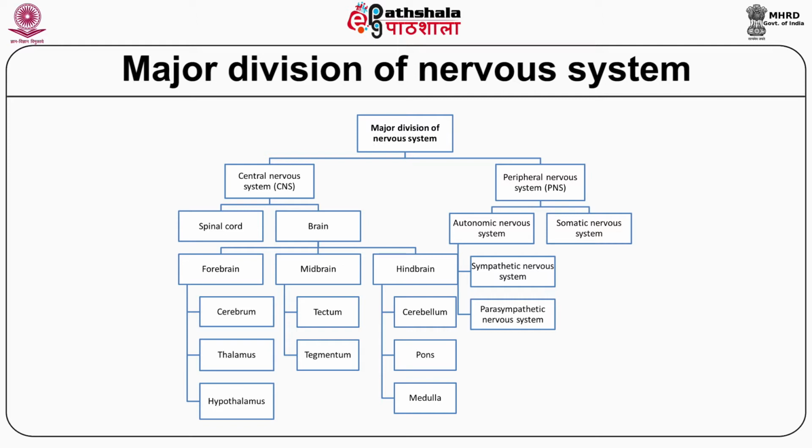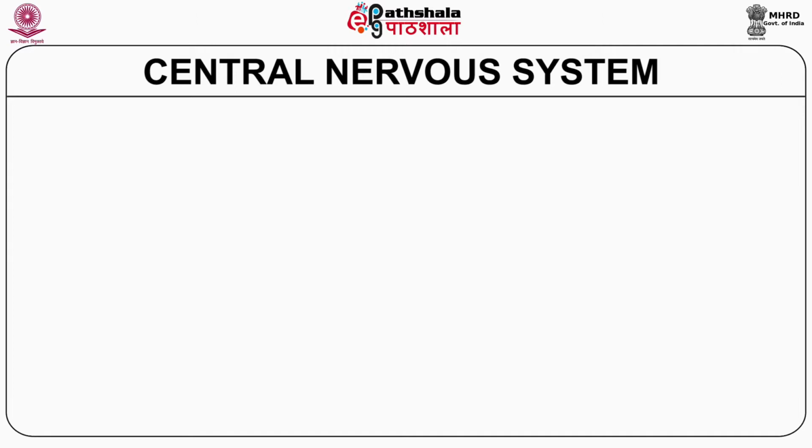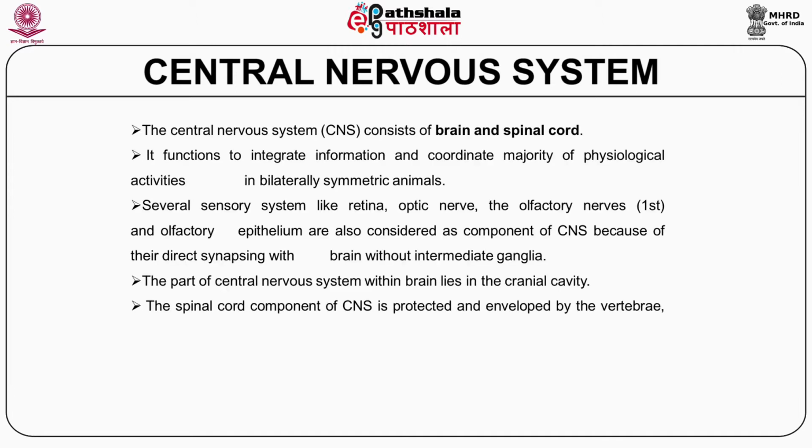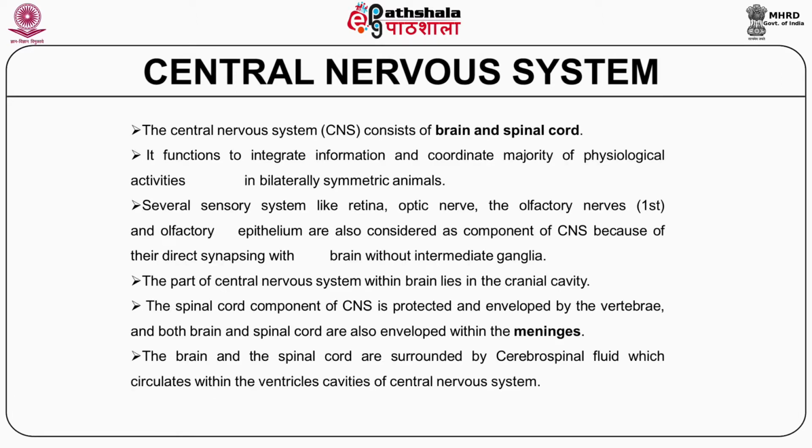Now shifting to the other side, the peripheral nervous system has the autonomic nervous system and somatic nervous system. The autonomic nervous system can be further divided into the sympathetic nervous system and parasympathetic nervous system.